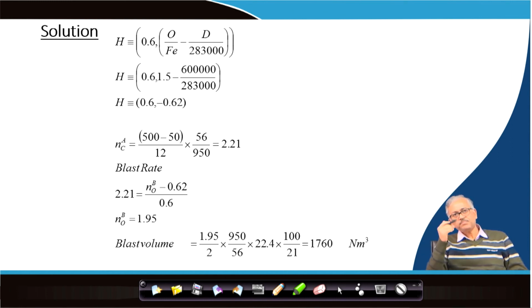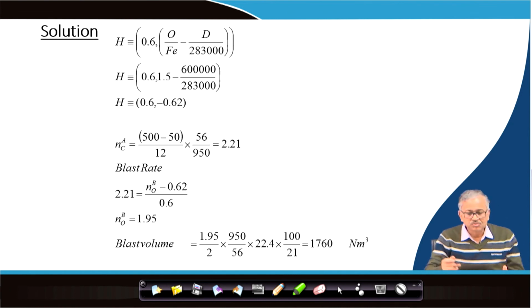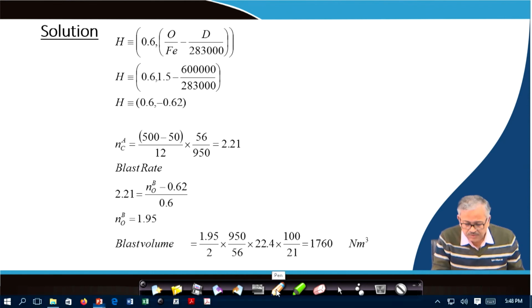Because the 500 kg carbon rate is given per ton, you have to convert it to per gram atom of iron produced. That is why I am dividing it by 950 by 56. If you do that, NCA comes around 2.21, and NCA is basically the slope. And you know the thermal pinch point. Okay. So you know the thermal pinch point here.